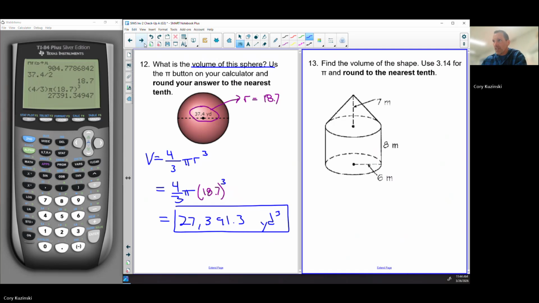Uh-oh. Got to find the volume of this shape. All right. Well, the volume of that whole thing is the volume of the cylinder plus the volume of the cone.